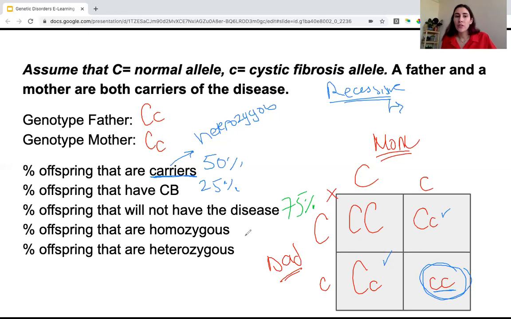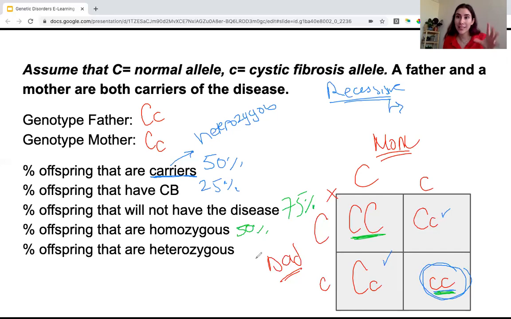And then what percentage of the offspring are homozygous? In order to be homozygous, you have to have 2 identical copies of the allele. You could either be homozygous dominant, such as here, or homozygous recessive, such as here. So there's a 50% chance that the child will have a homozygous genotype.